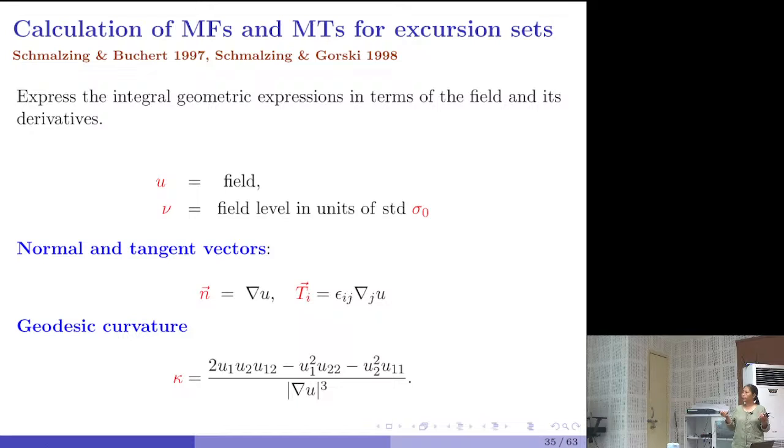So the first thing is that I am given the function. I need to express all my geometric quantities in terms of the function. Here, sorry, I changed the f to u because these are existing equations and I didn't want to change my notation. So u is now my field. It's given to us as a function. I need to change the normal vector, tangent vector, and the geodesic curvature into expressions which depend on the field.